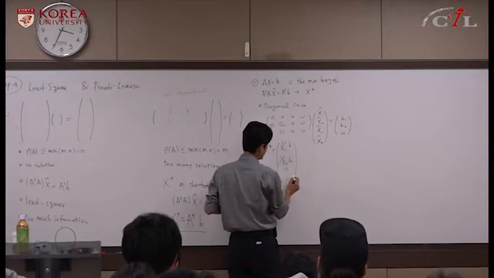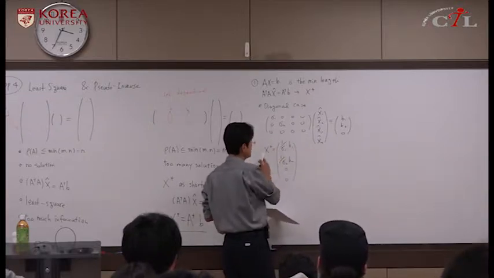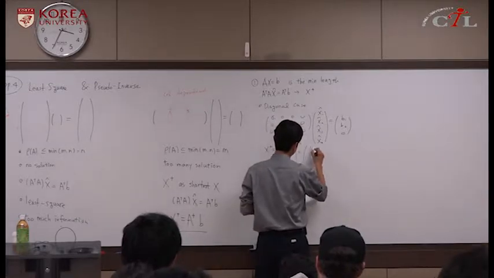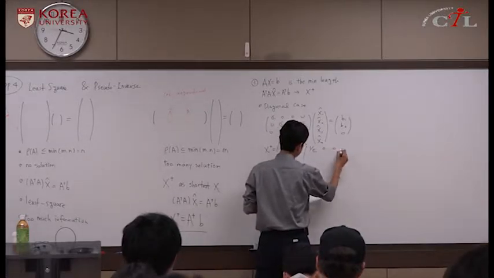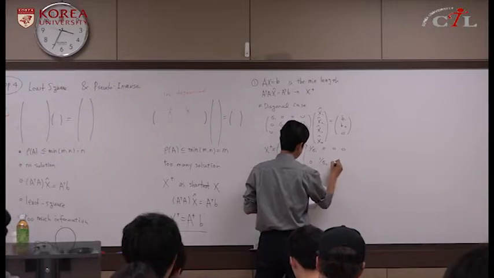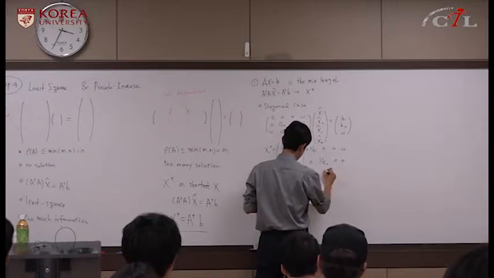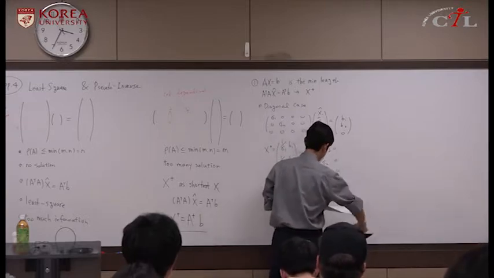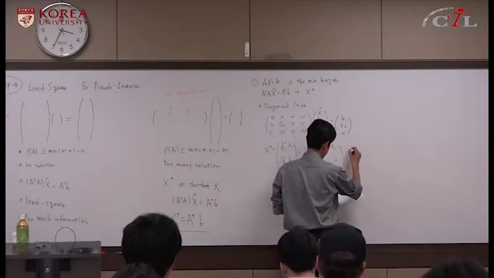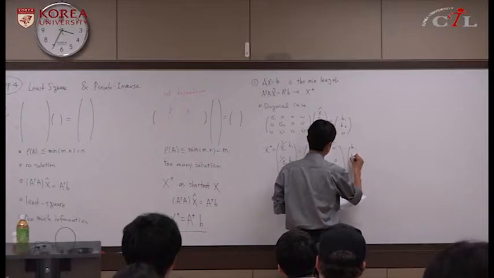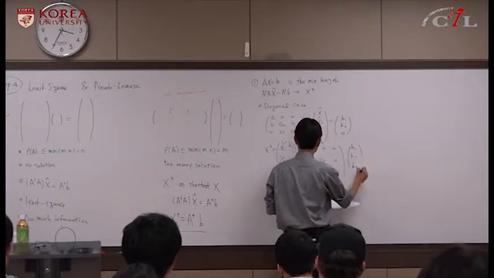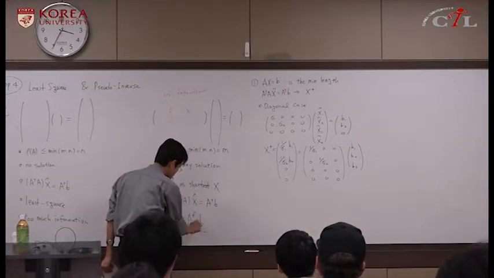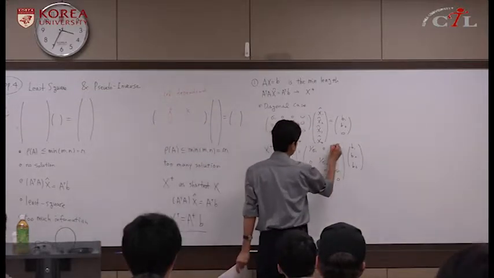This may be the minimum length solution among multiple x hat, and it can be written as the 4 by 3 matrix with 1 by sigma 1, 0, 0, 0, 1 by sigma 2, 0, and zeros elsewhere, times B1, B2, B3. Then we call this the pseudo-inverse.